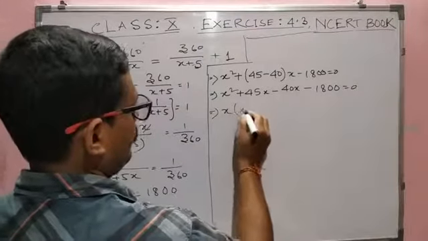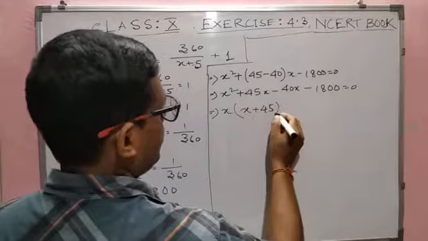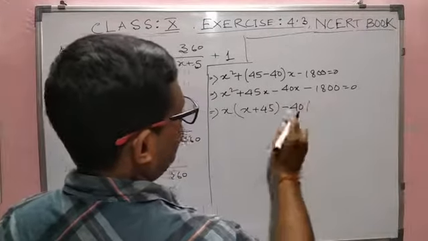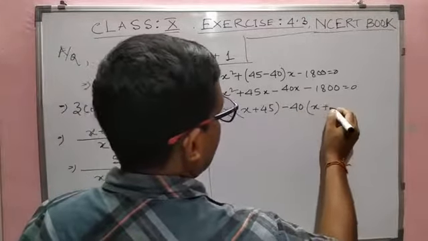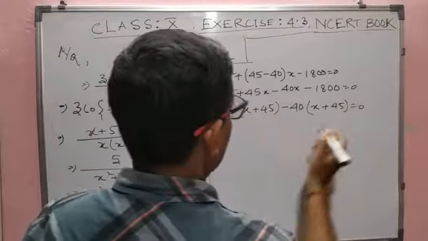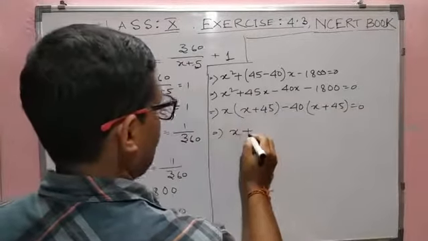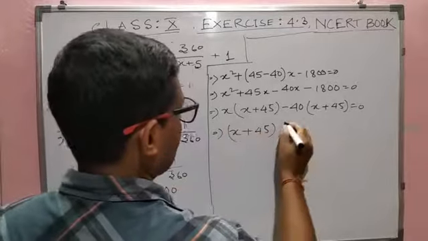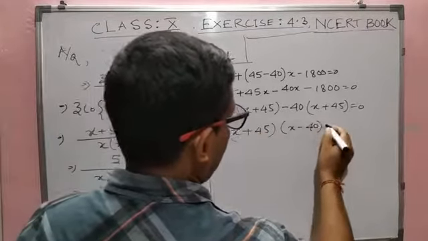This implies x common, so it will be x plus 45, minus 40 common, so it will be x plus 45 equal to 0. This implies that x plus 45 all into x minus 40 equal to 0.